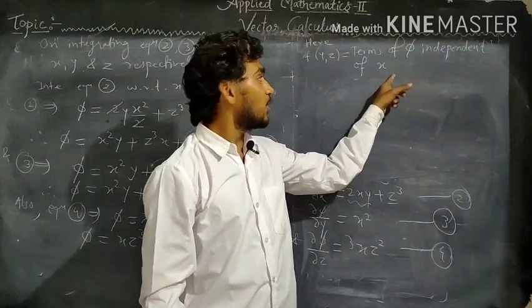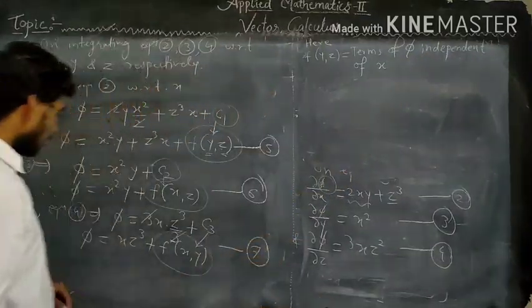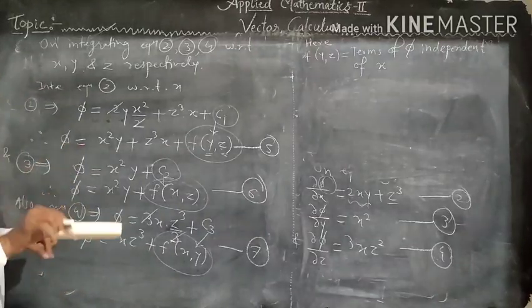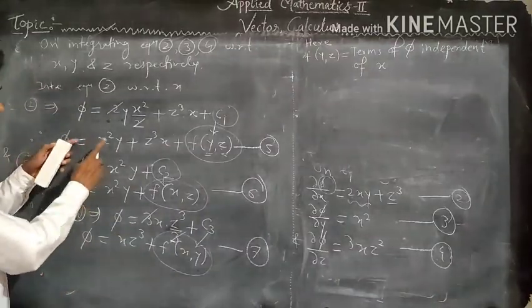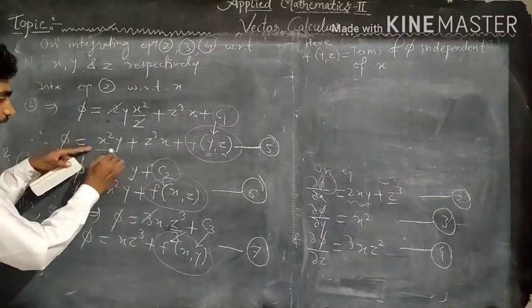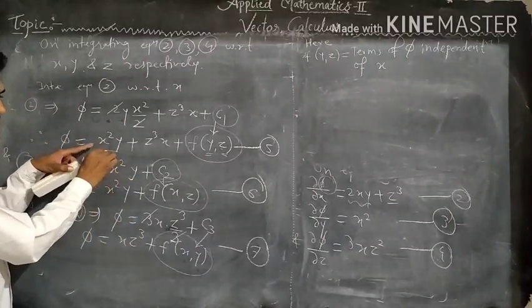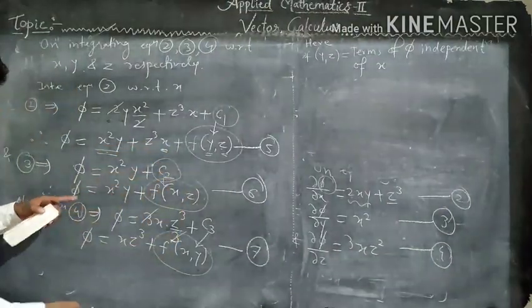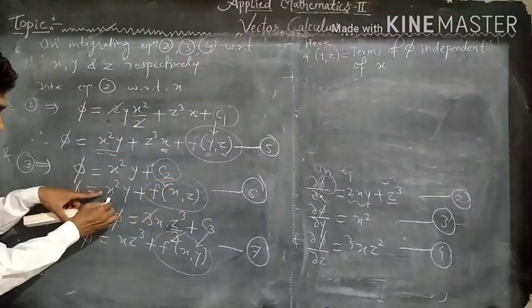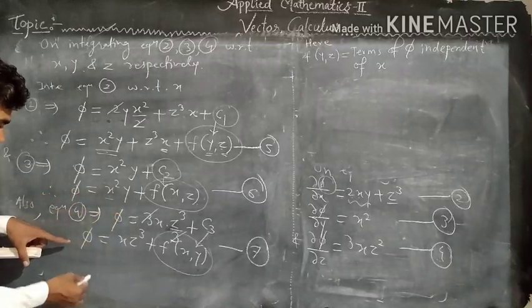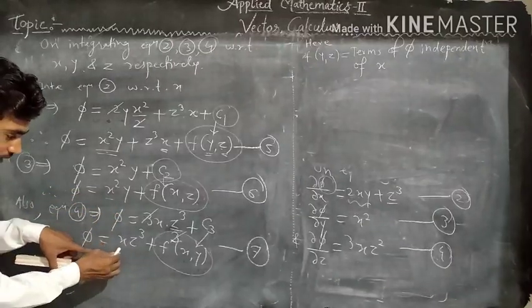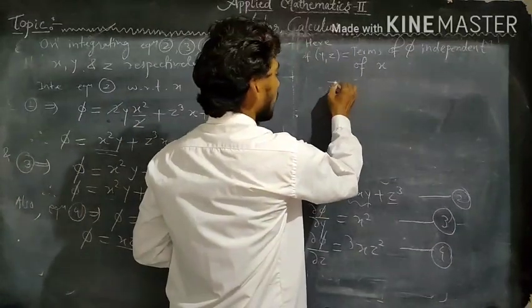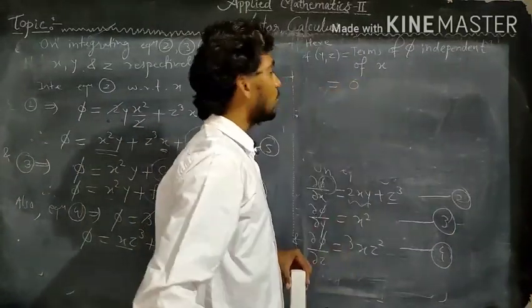That is, we have to write those terms of phi in which x is absent. So from equations 5, 6, 7, here x is present, so skip it. Here again x is present, so skip it. Now in equation 6, again x is present. From equation 7, again x is present, so f of y comma z equal to 0.